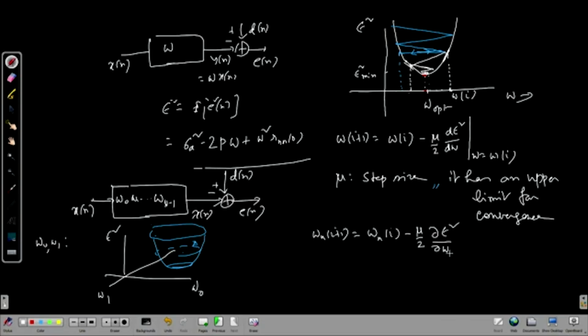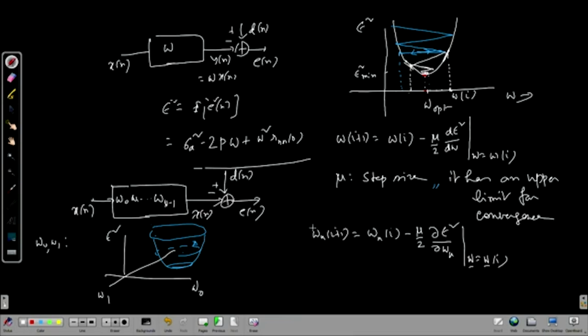So, I take the derivative with respect to Wk and subtract it from Wk I, but this has to be evaluated when W is standing at Wi, that is W0 I, W1 I, dot dot dot, Wn minus 1 I, because epsilon square is a function of all the weights. So, this derivative also will be a function of all the weights. I am deriving with respect to Wk, but after the derivative it may still be a function of all the weights. So, all these W's have to be put in, W0 I, W1 I, and all that.